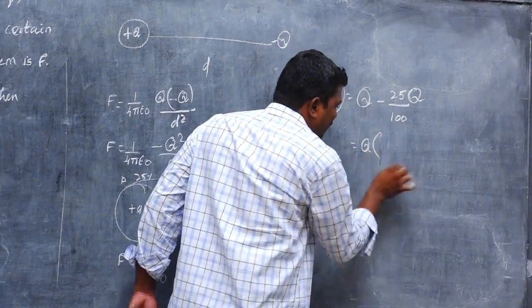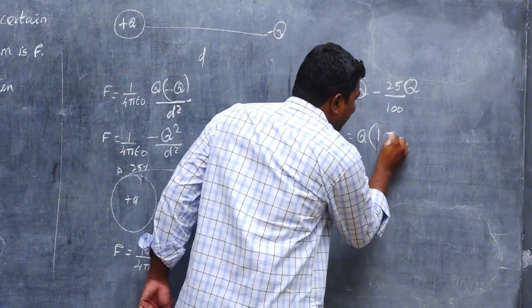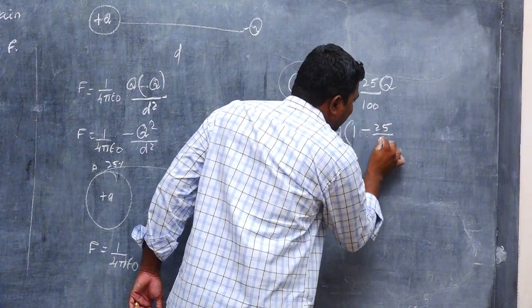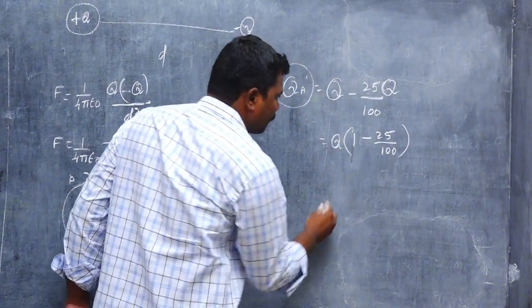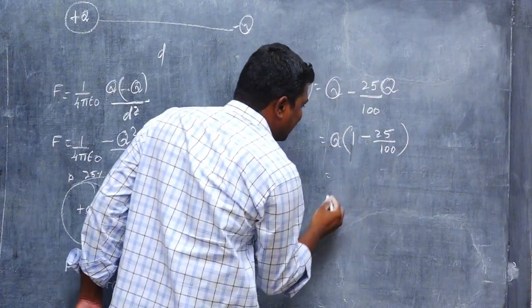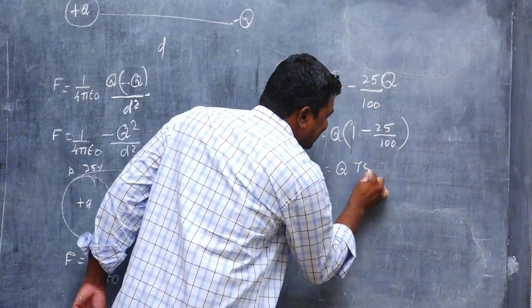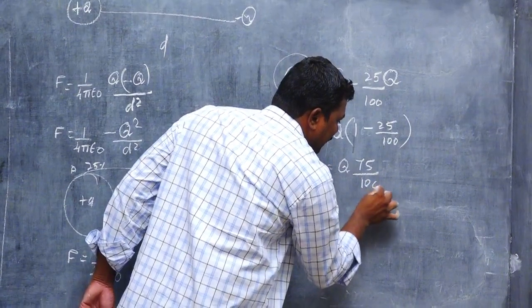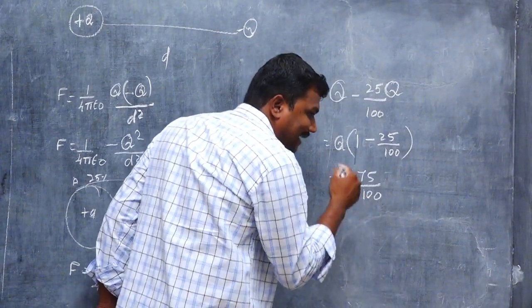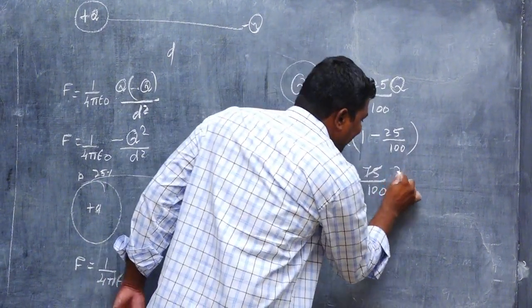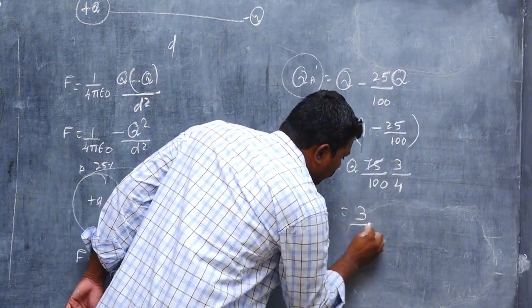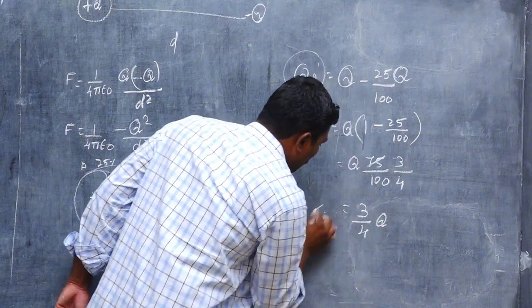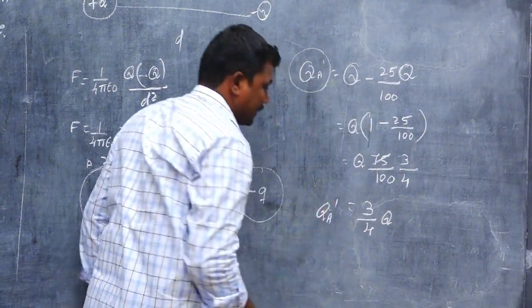Q will be common: 1 minus 25 divided by 100, that is 100 minus 25, 75 divided by 100. Q into 75 divided by 100, which immediately cancels to 3 divided by 4. So QA dash is 3 by 4 Q.